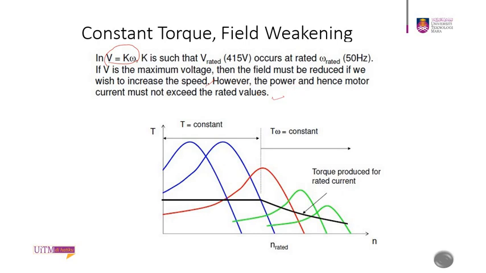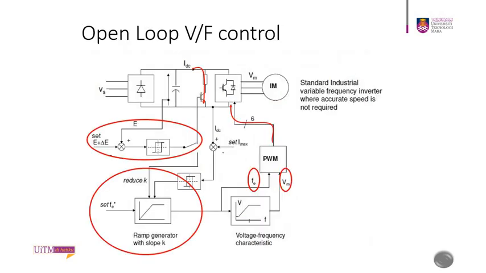If you look at the control loop for the V to F control, this is the open loop control, and you can see that here you set the V and here you set the frequency.